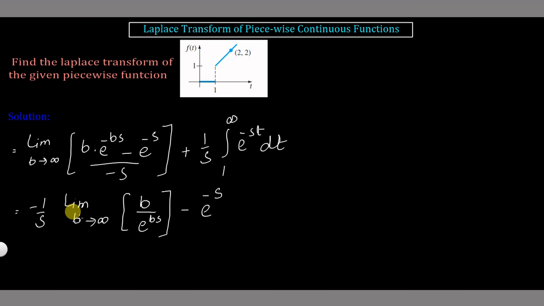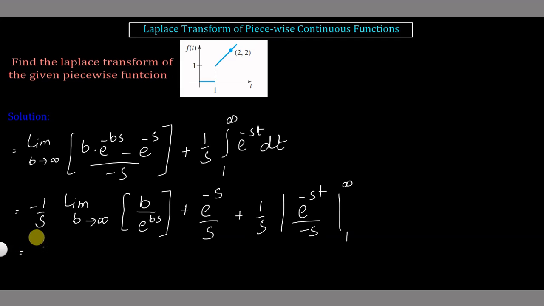This minus and this minus will become plus, and then 1 over s, and if we integrate this particular integral, it will become e raised to the power minus st divided by minus s, from 1 to infinity.